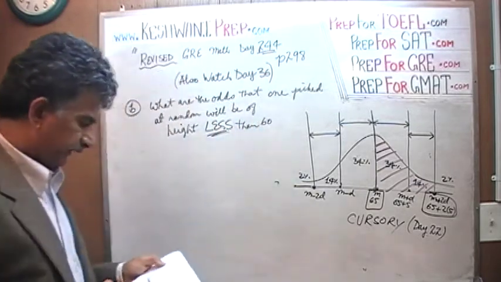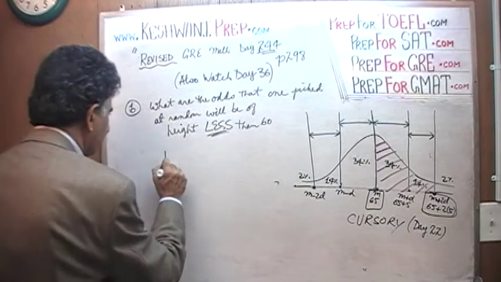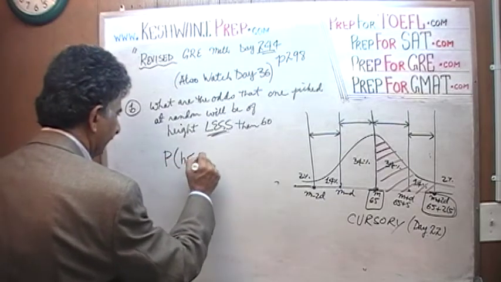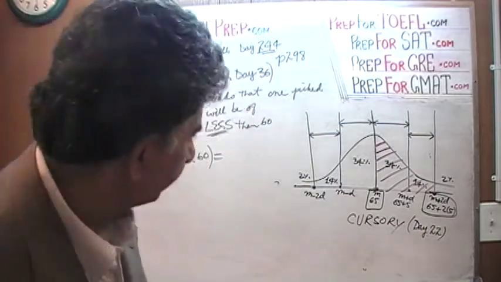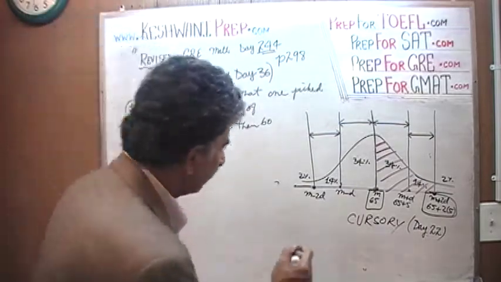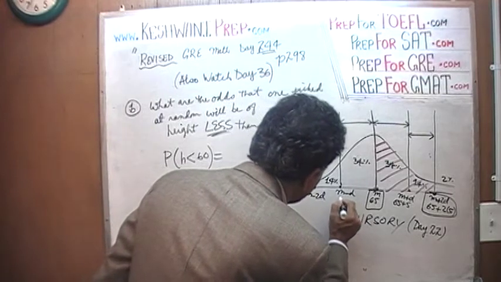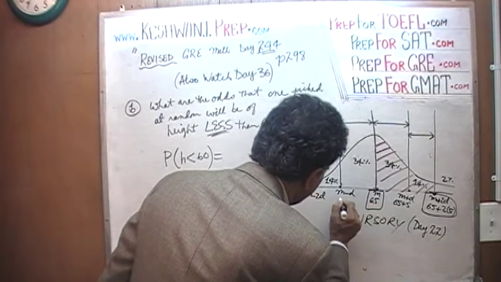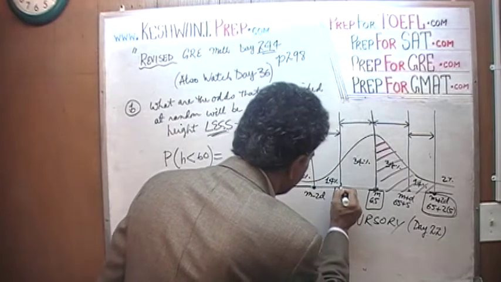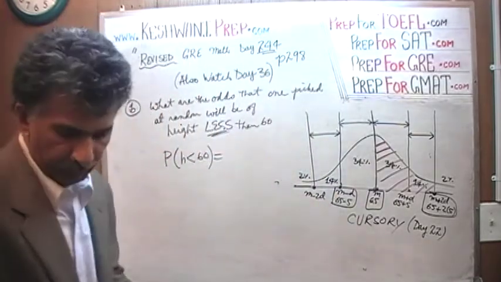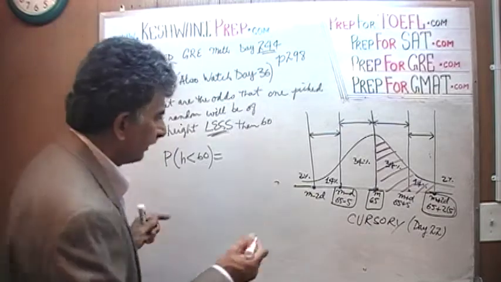Well, less than 60, let's find out. This is how we write it. Probability that height is going to be less than 60. And let's see where it shows up in the graph. Here is 60. This is m minus d, where our mean m is 65, so 65 minus 5, that's our 60. So we're looking for something below that. Something below that is this part right here.